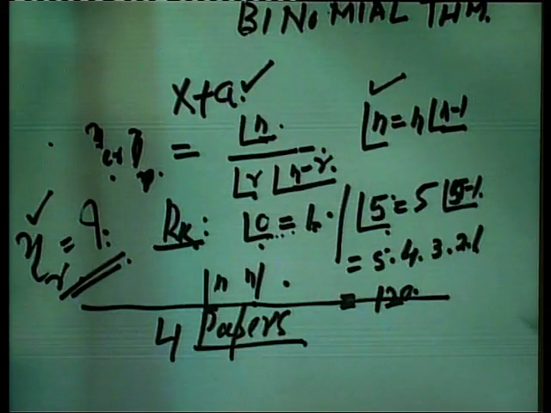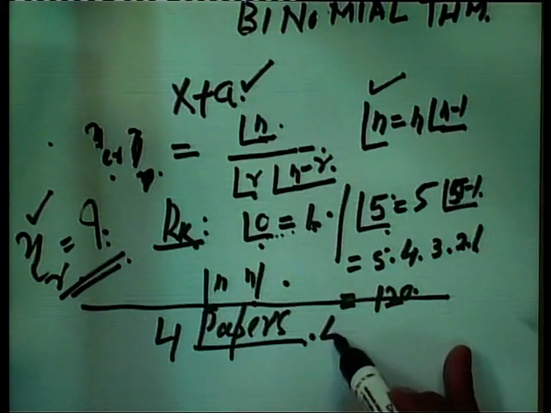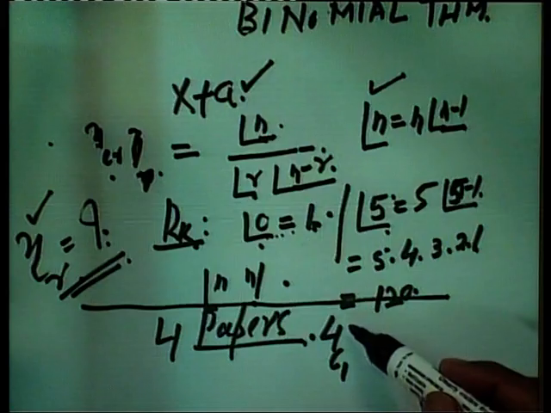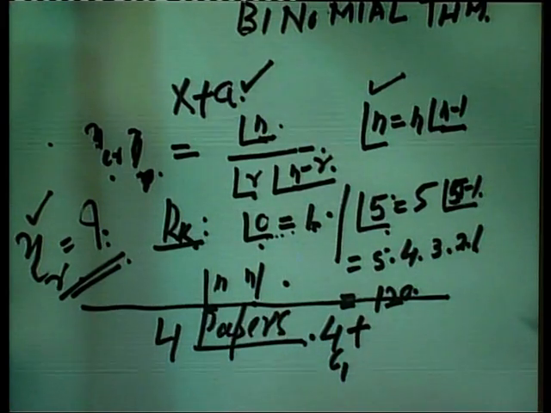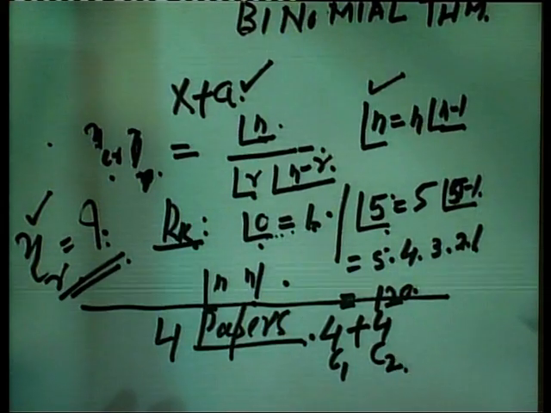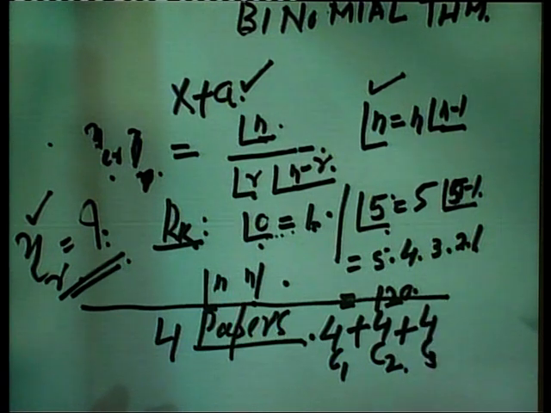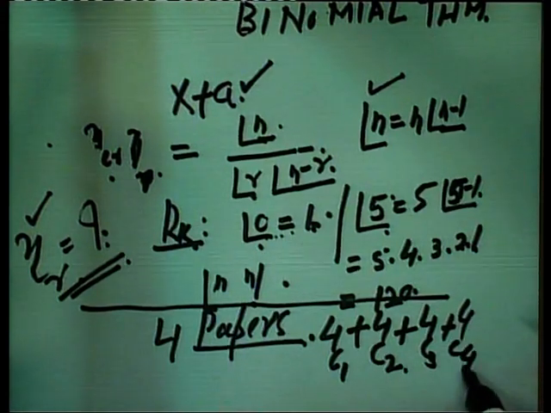The answer is very simple, because if you fail in one subject, then by your notation, that is 4C1. If you fail in 2 papers, even then you are declared fail, so that is 4C2. Similarly, 4C3, and suppose I fail in all the papers, then that is 4C4.